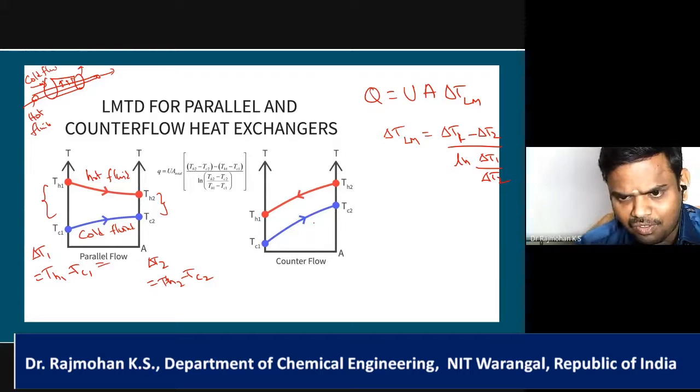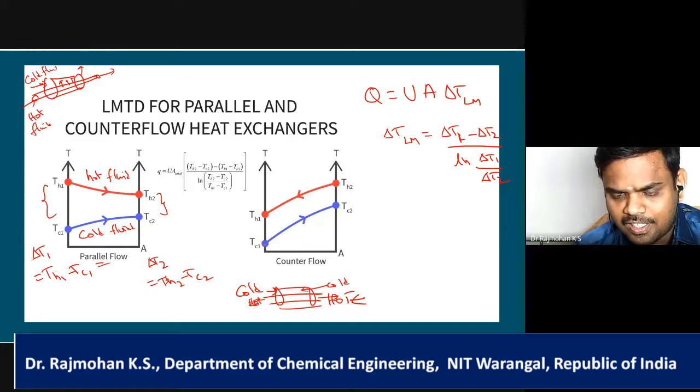Whereas in case of a counter flow, what happens? They come in contact with each other in opposite directions. So we are considering here in this case, hot fluid is in this direction. Here cold fluid is going in this direction. So that way the cold fluid enters at low temperature, and when it is exiting, it is at high temperature. The cold fluid gets heated up because this hot fluid is transferring its heat to it.